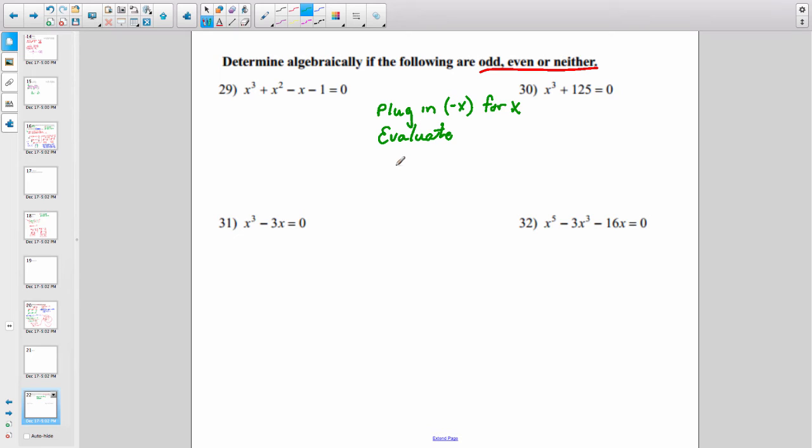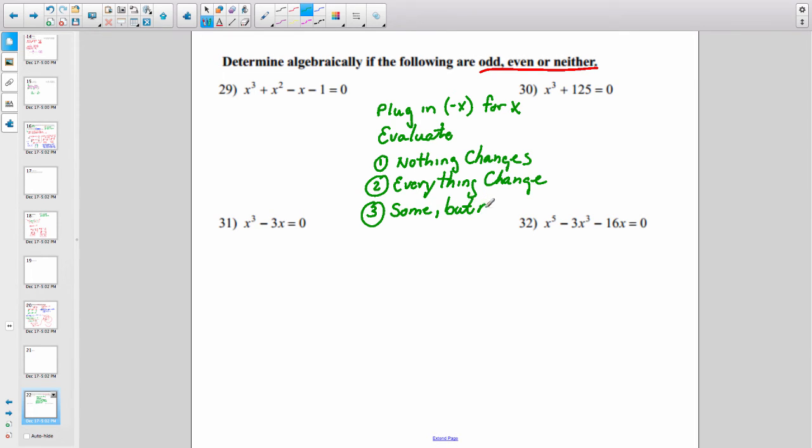And here's 3 possible outcomes. 1, nothing changes. 2, everything changes. And finally, 3, some, but not all, change.